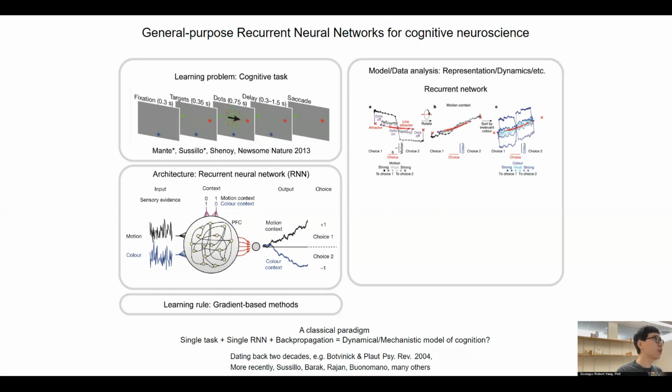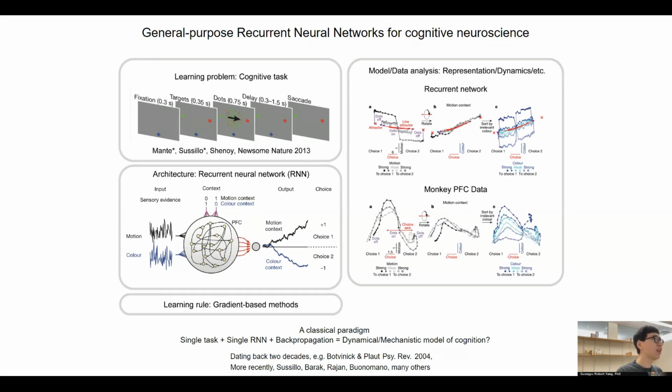And then at the same time, we can compare this network to an animal that has learned to do this task, specifically using brain recordings from that animal. I'm not going to explain this, but essentially you can do some specific analysis of the data and compare that across the model and the brain.